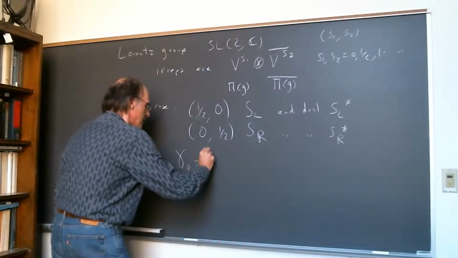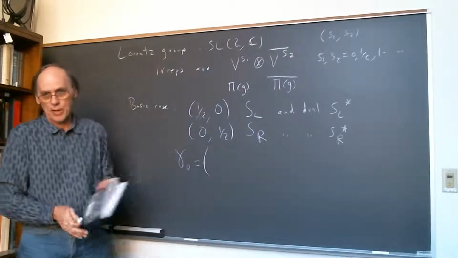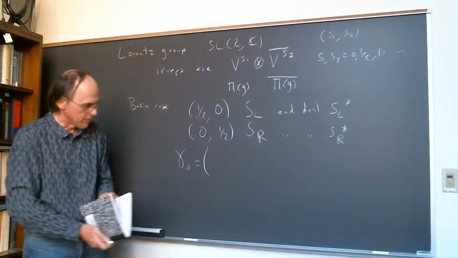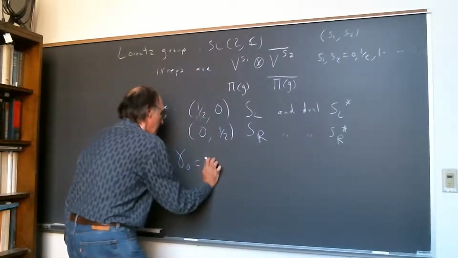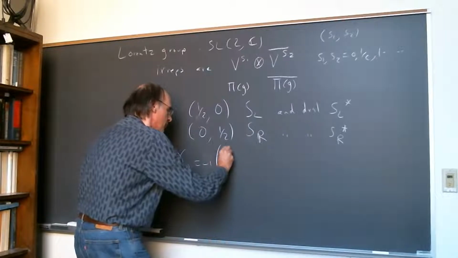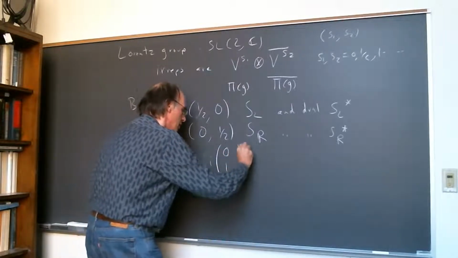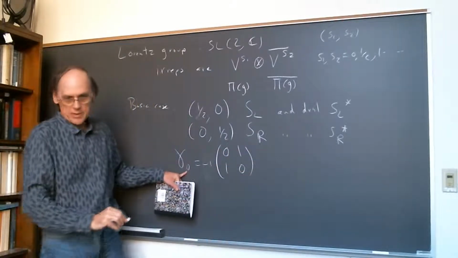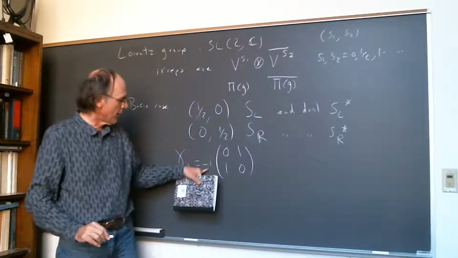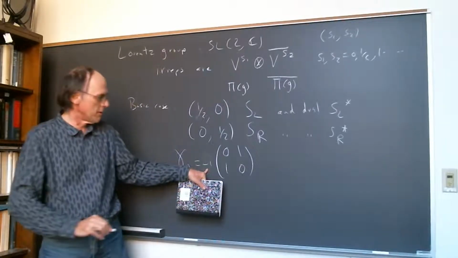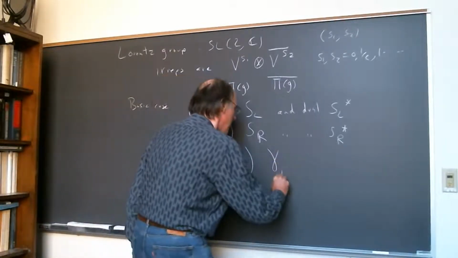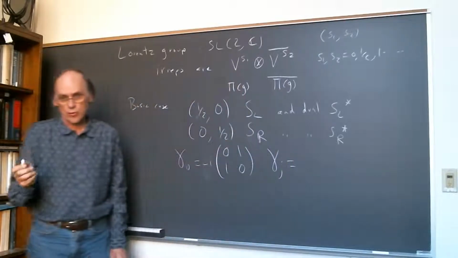These are 4x4 complex matrices, and you take gamma 0 to be this, with a minus i. If you square this, you're going to get -1. And then the other ones, for j equal to 1, 2, 3.